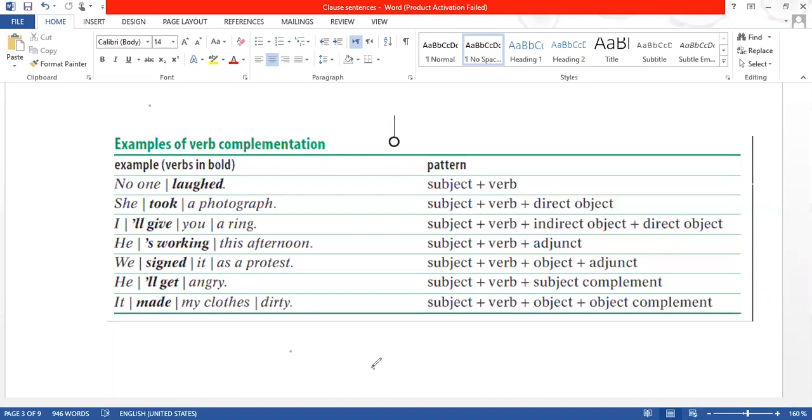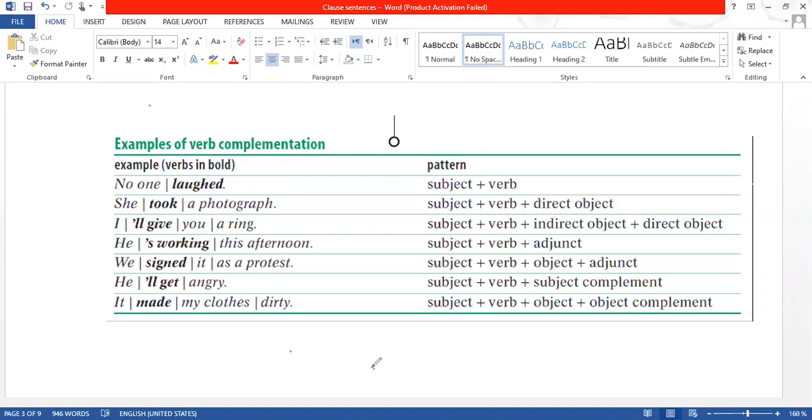Just try to understand one thing, that whenever we have a subject and a verb, that will be a clause, and the other things like the object or the complement or the adjunct or the direct object or the indirect object, that is optional.